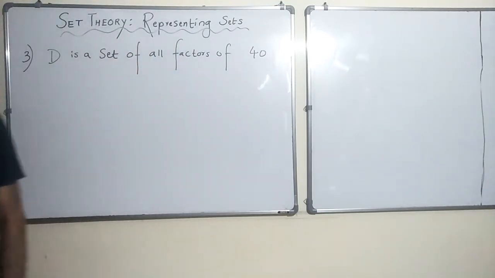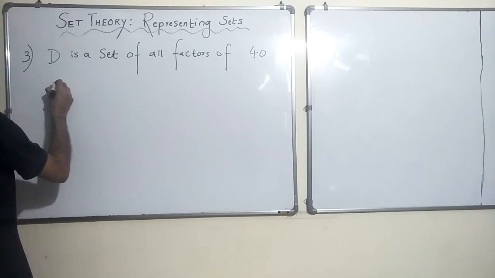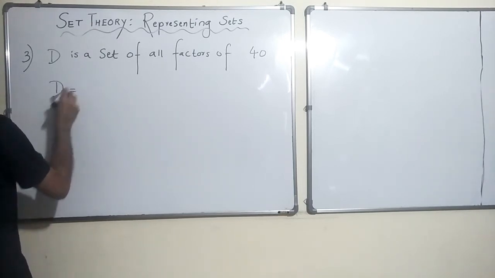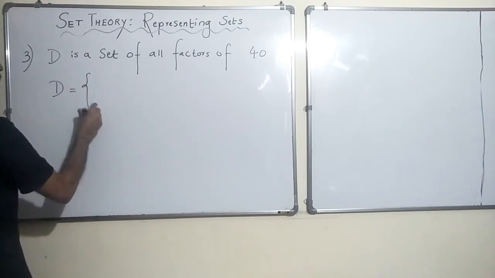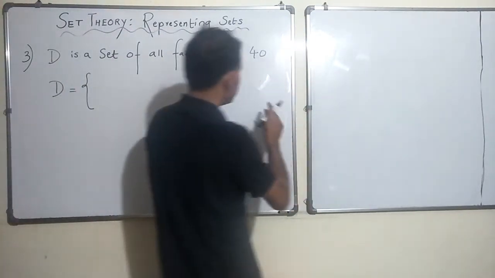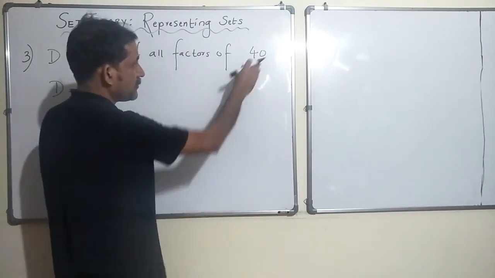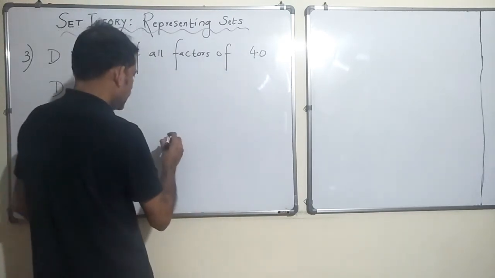So all factors of 40. How do I do it? Can I say D is a set of all factors? What are factors? Factors are those numbers which divide 40 exactly. So factors of 40 are those numbers which will divide 40 exactly, right?